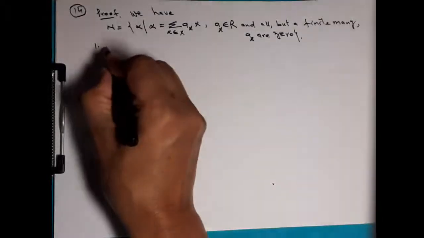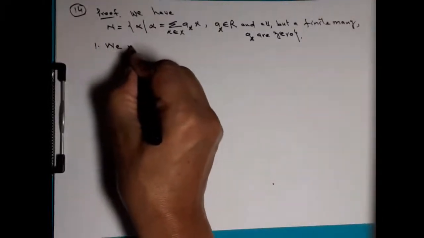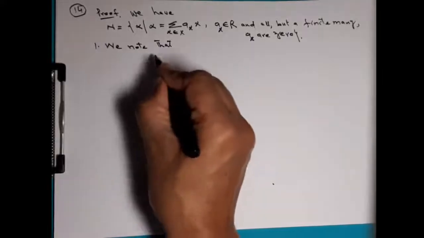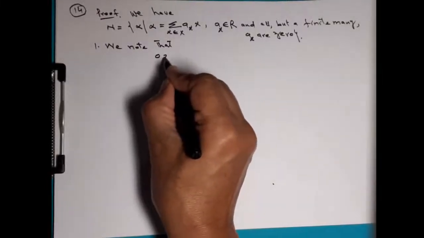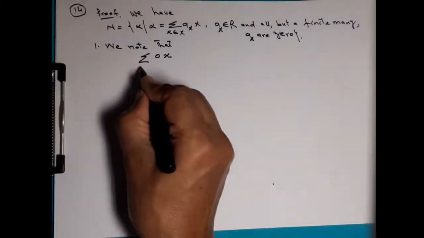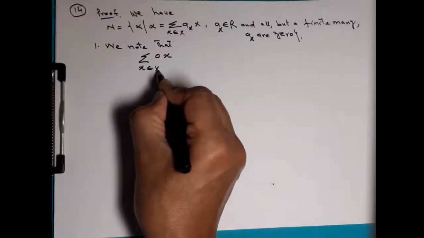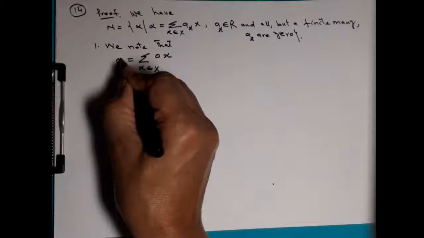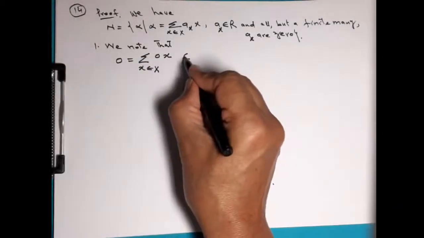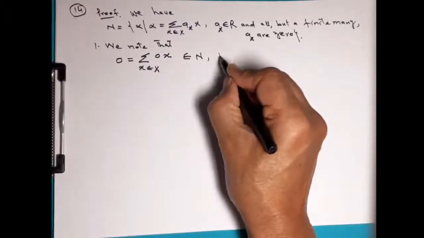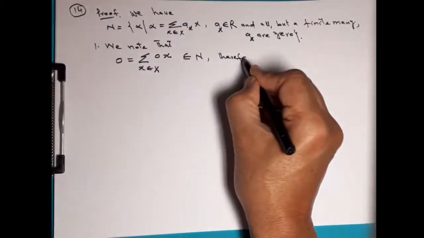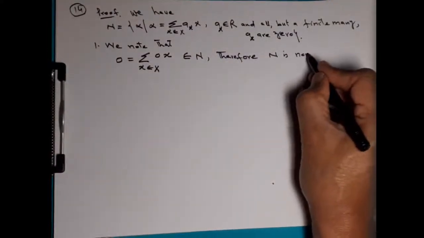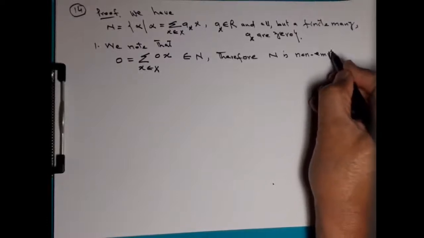So first of all, we note that zero multiplied with x, sigma x belong to X, this summation is equal to 0, and this particular element belongs to N, therefore N is non-empty. So the first condition is satisfied.